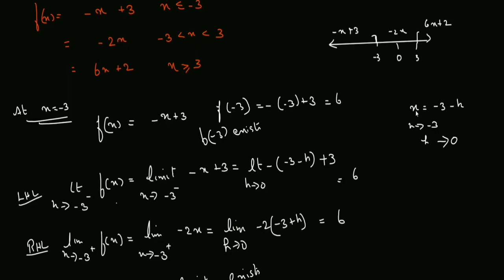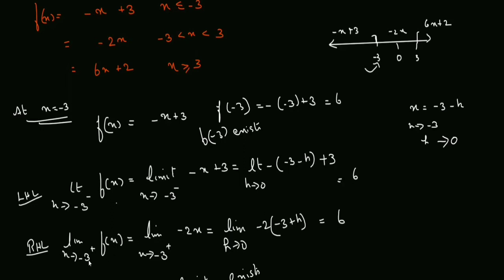Whenever x comes closer and closer to minus 3, the small increment will disappear, so h will tend to 0. So minus of minus 3 minus h plus 3. Put h as 0, you will get plus 3 plus 3, which is equal to 6.